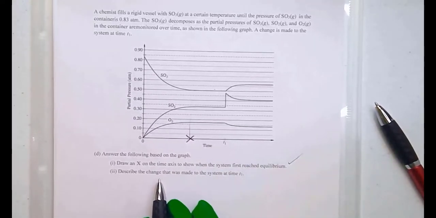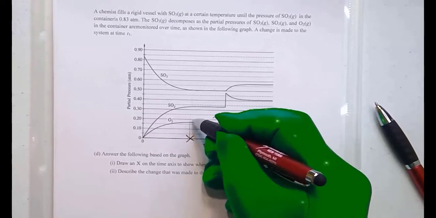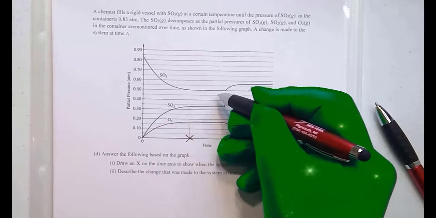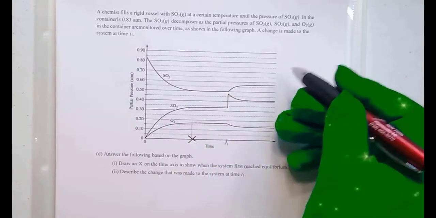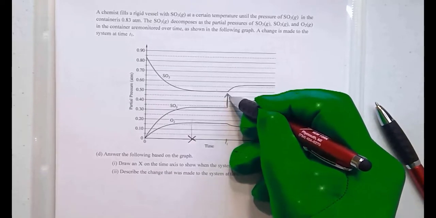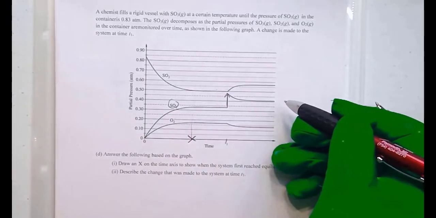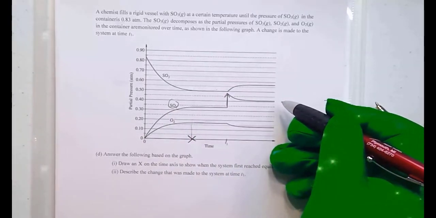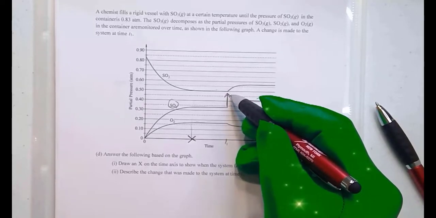Describe the change that was made to the system at T1. Okay, here's T1. Things are the same, things are the same. Here's the change. Look at this. A rise in SO2. They must have dumped some SO2 in because this went up very, very quickly.